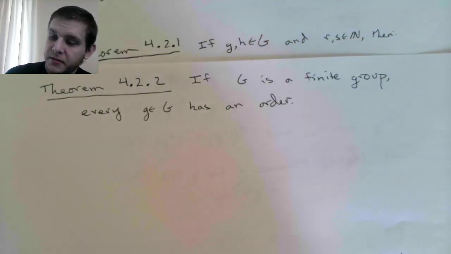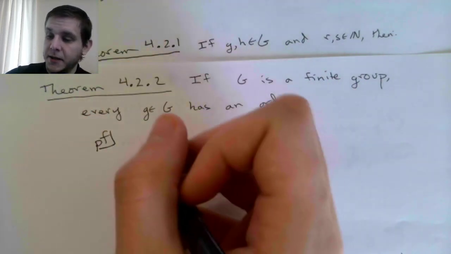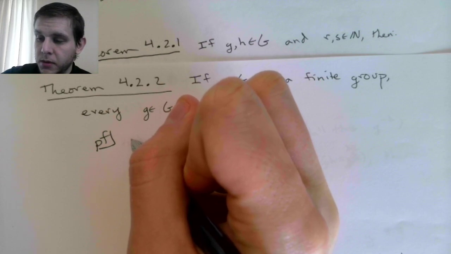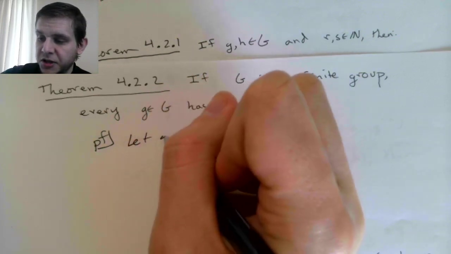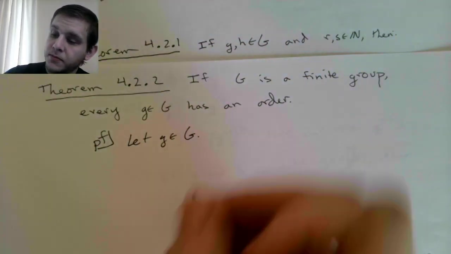And the proof here is very simple. It's again the pigeonhole principle. It's going to come up again and again. So let g belong to G, right? I want to prove that an arbitrary element has an order.